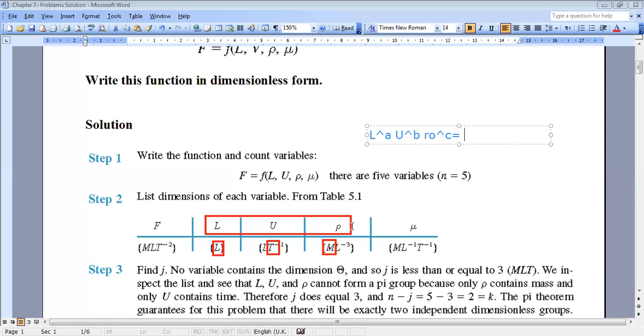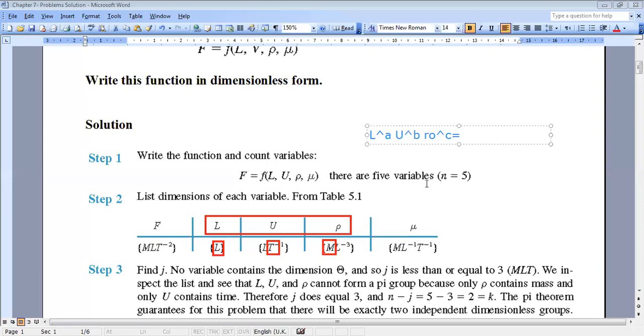You can use whichever you want, it's not necessary to use only L, U and rho. But why do I choose L, U and rho? Because I am sure that they cannot form a group. Why? Because M is only present in rho and T is only present in U. So by choosing these 3, I am sure that they cannot form a group. You can choose another 3 as well, but you should make sure that they cannot form a group together.